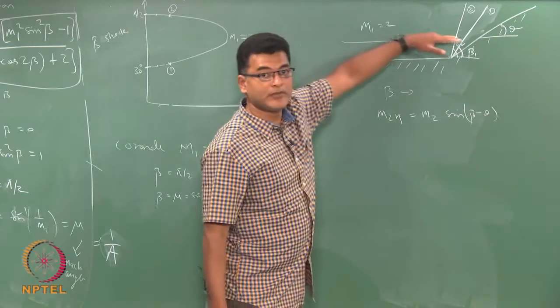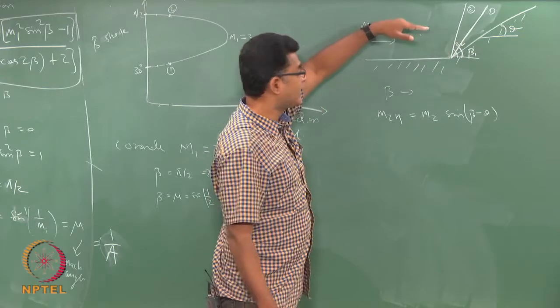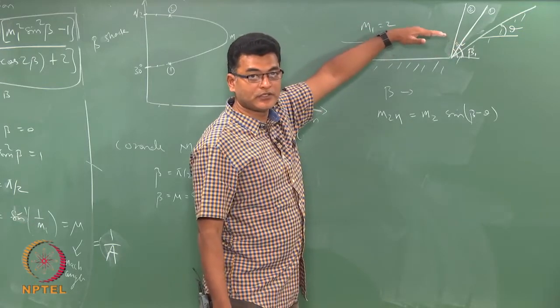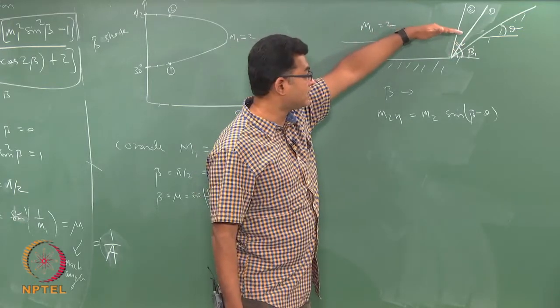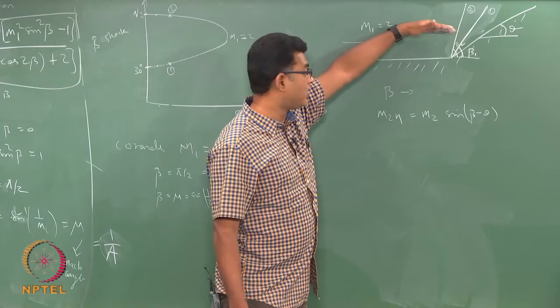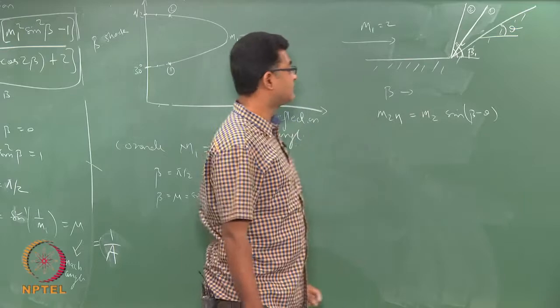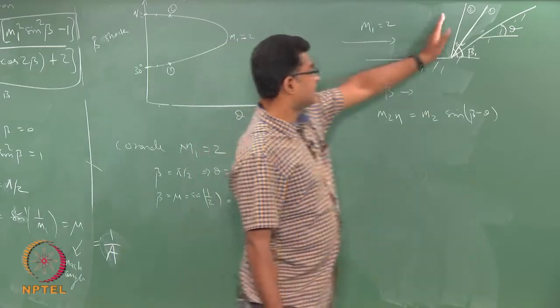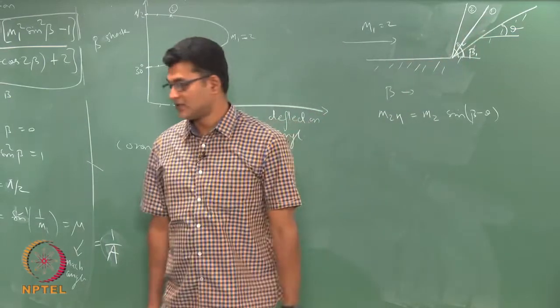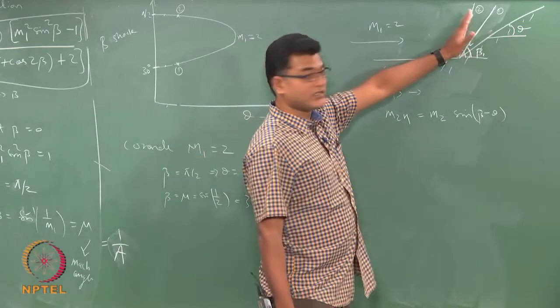So, if I know my M1n, I can use the normal shock relation to get my M2n and compute my M2 from this particular relation. Okay. So, essentially I have 2 solutions, one is this one, one is this one.